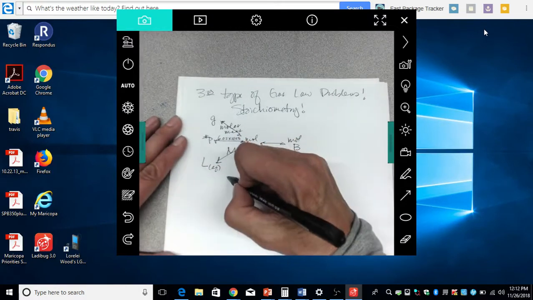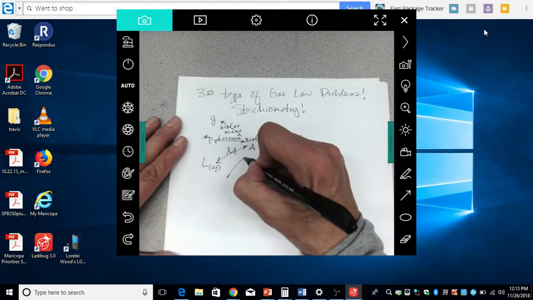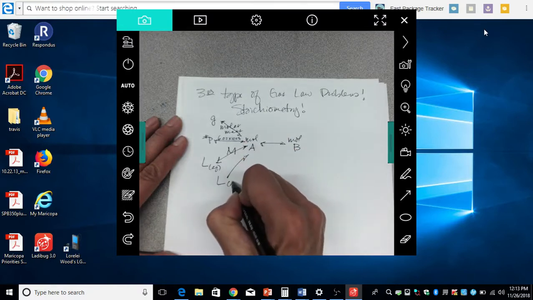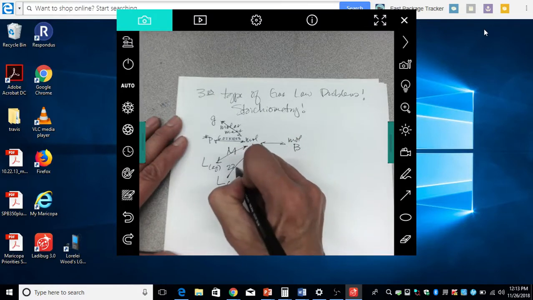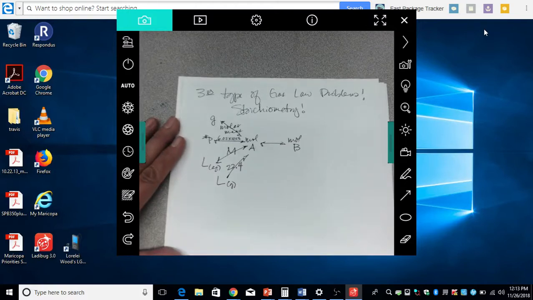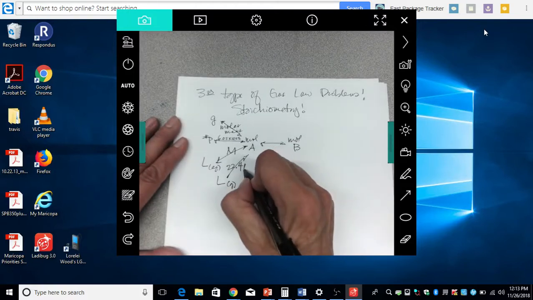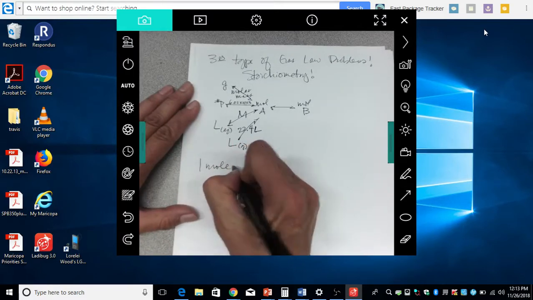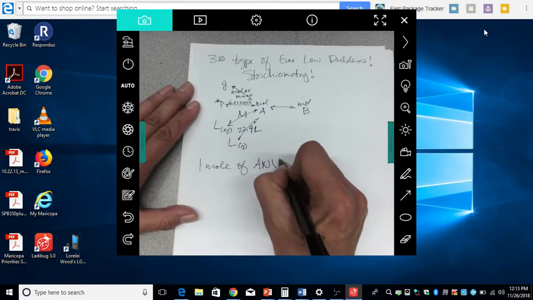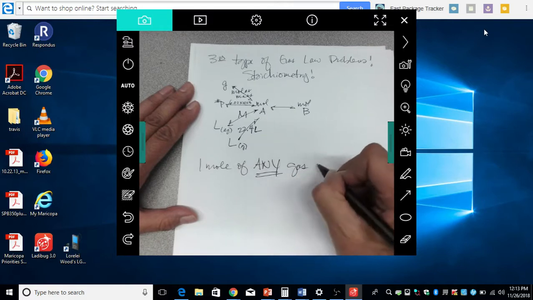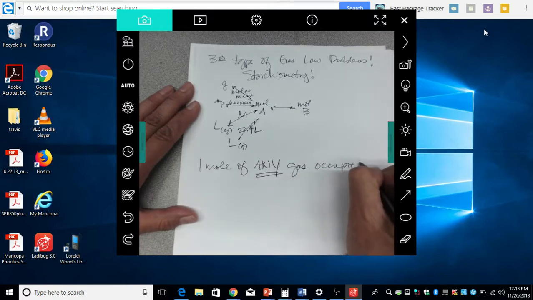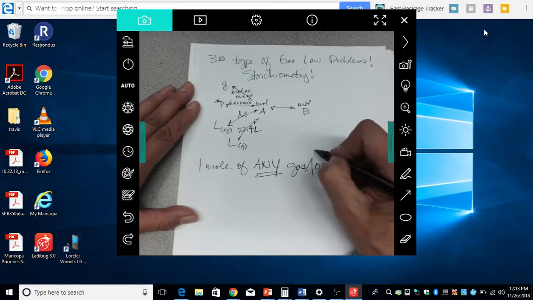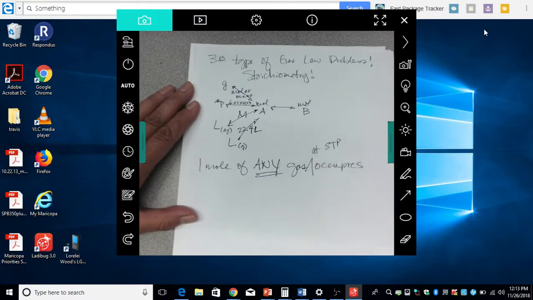And we also did liters of gas using 22.4. Does anybody know what this number is, 22.4? All right, 1 mole of any gas, any gas, at STP.